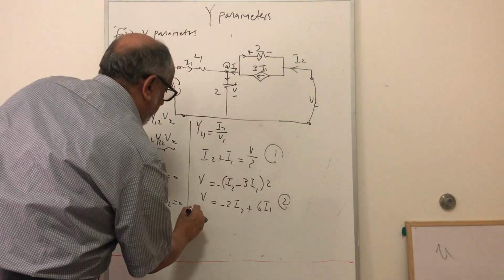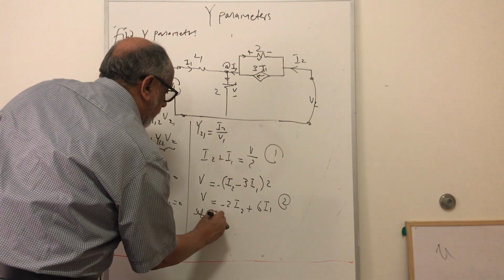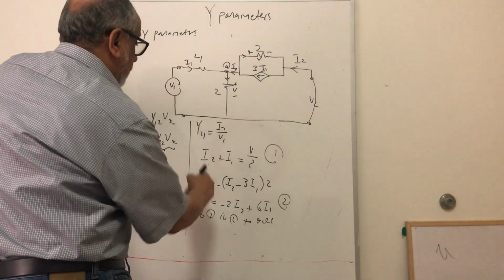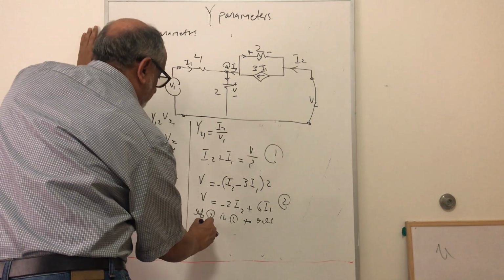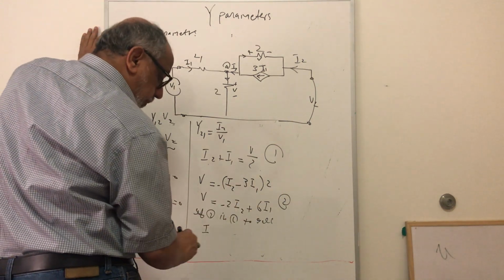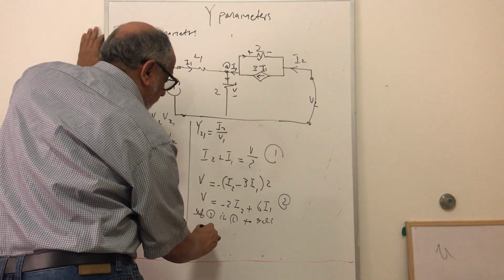Now if we sub 2 in 1, we want I2 and V1.